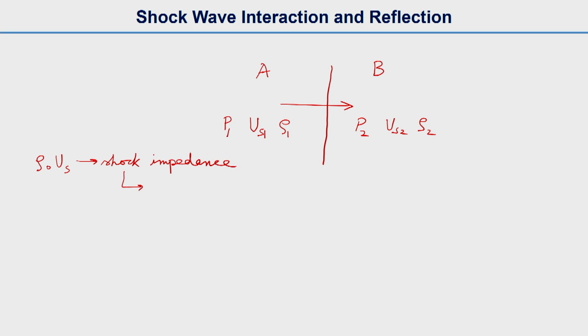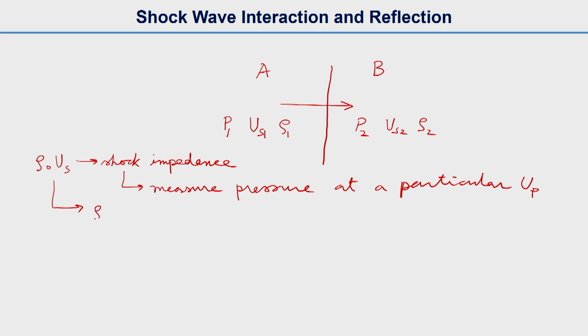This shock impedance gives a measure of pressure at a particular particle velocity, at a particular UP value, and this can be approximated as rho naught C naught.